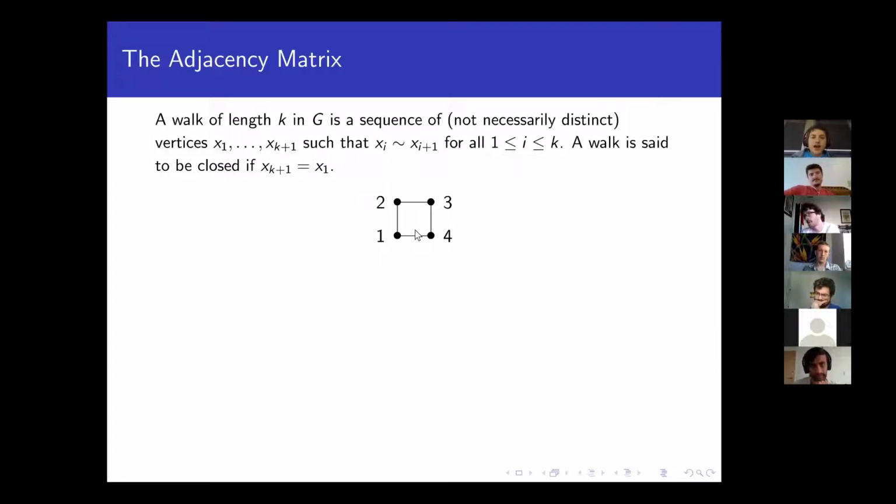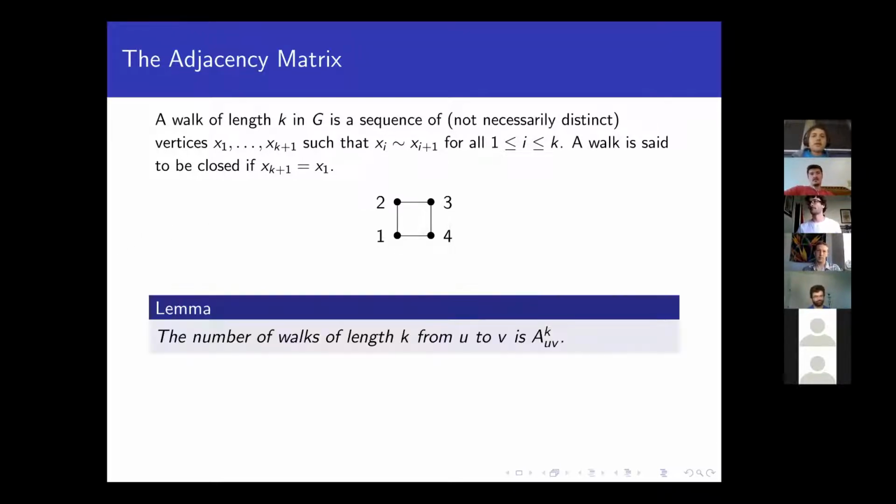An example of a walk in this graph is the following sequence of vertices: 1, 2, 3, 2, 3, 4, 1, 4, 3, 2, 1. It's just a sequence of vertices, which you can get to by sequentially going along some edges. And we'll say that this walk is closed if we end where we started.